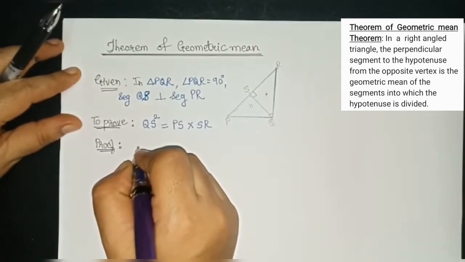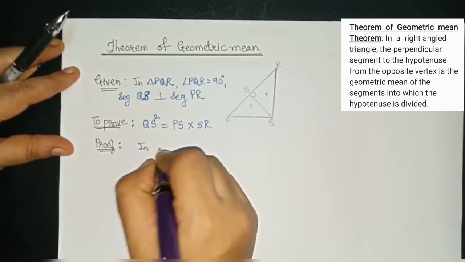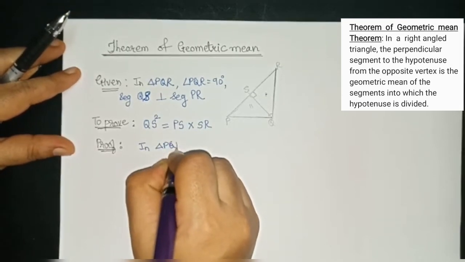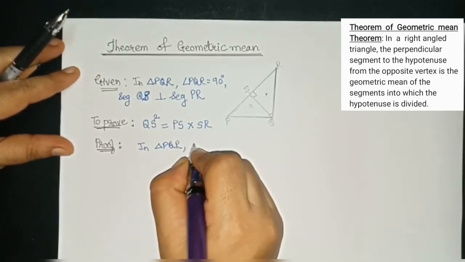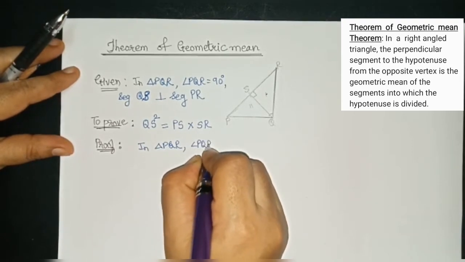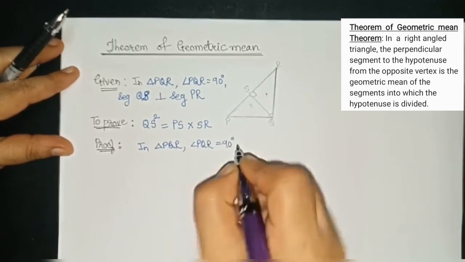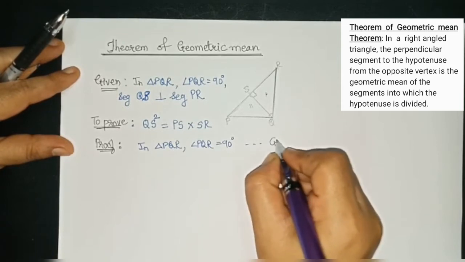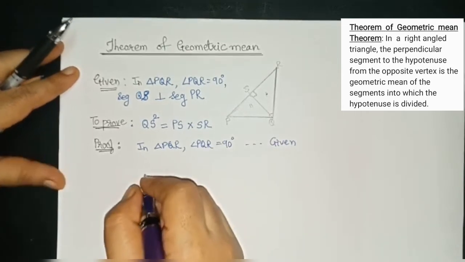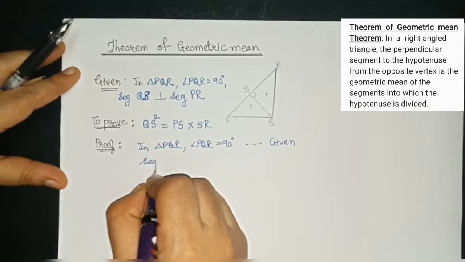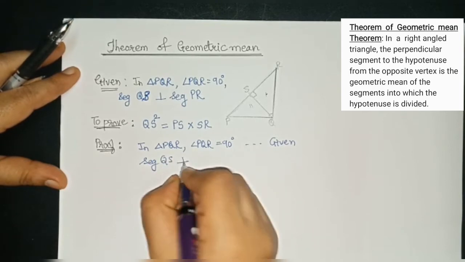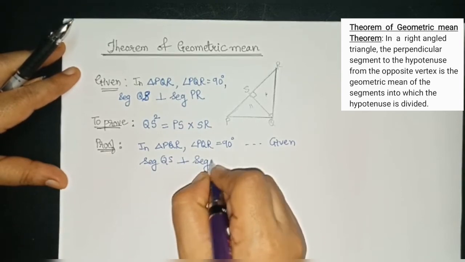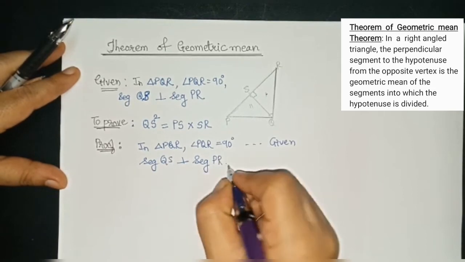So we will begin with what is given to us. In triangle PQR, angle PQR is equal to 90 degrees. This is given to us. Also, segment QS is perpendicular to segment PR, which is the hypotenuse.